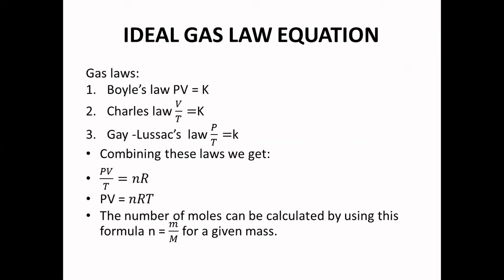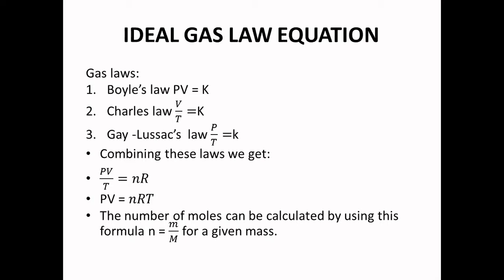Using Avogadro's hypothesis, which states that equal volumes of gases at the same temperature and pressure contain the same number of particles, and also combining the three laws: Boyle's law, which states that the product of pressure and volume is constant; Charles' law, which states that the quotient of volume over temperature is constant; and Gay-Lussac's law, which states that the quotient of pressure over temperature is constant.